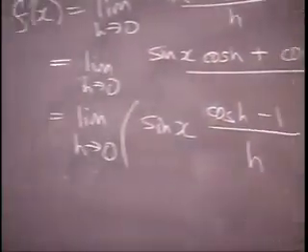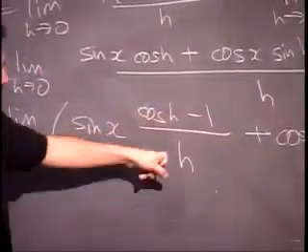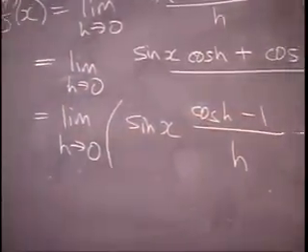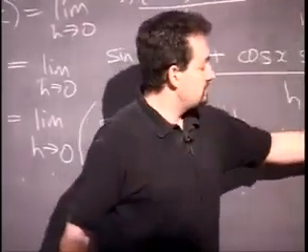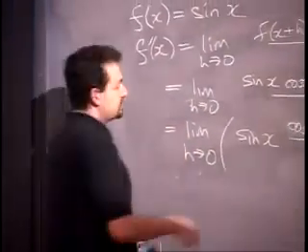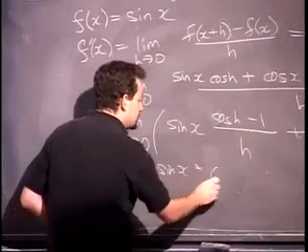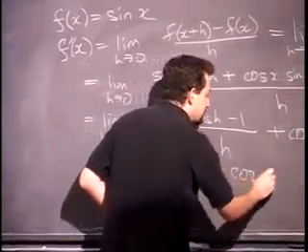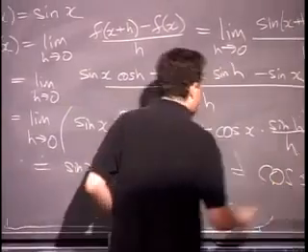Well, last week I actually proved that the limit of 1 minus cosine h over h is 0. I put a box around it. And we also discussed that the limit of sine h over h is 1 as h goes to 0. The point is that this in the limit is sine x times 0 plus cosine x times 1, and that ends up as cosine x.